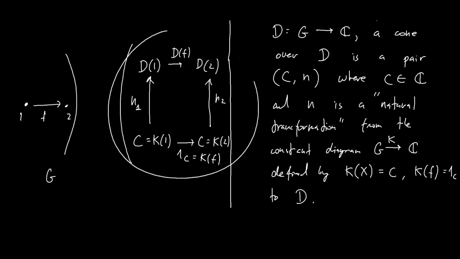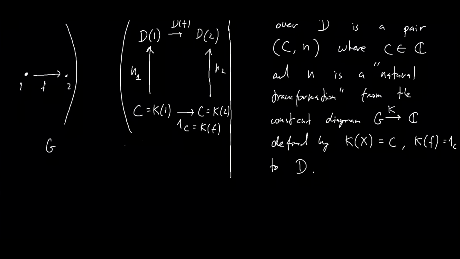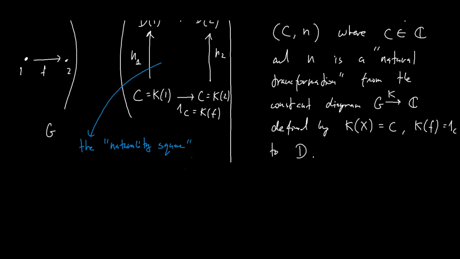In our context, the square becomes a triangle because these two objects here are the same object. So this is the naturality square. It becomes a triangle.